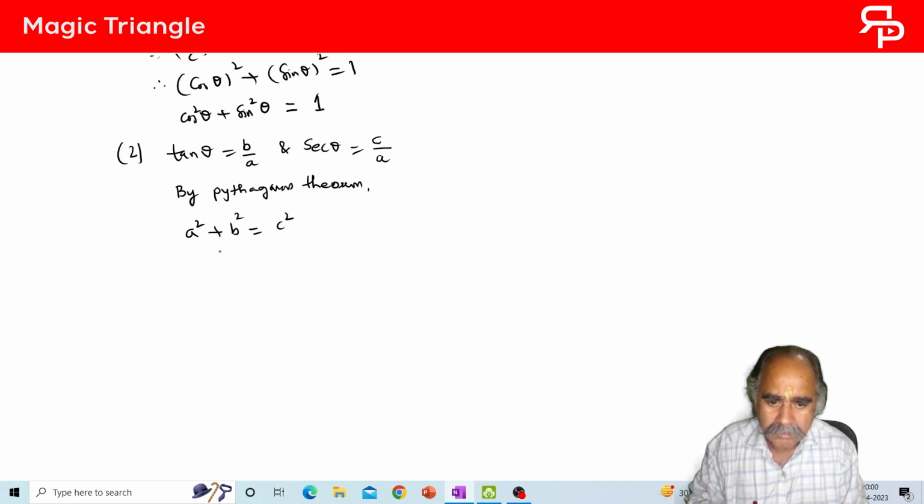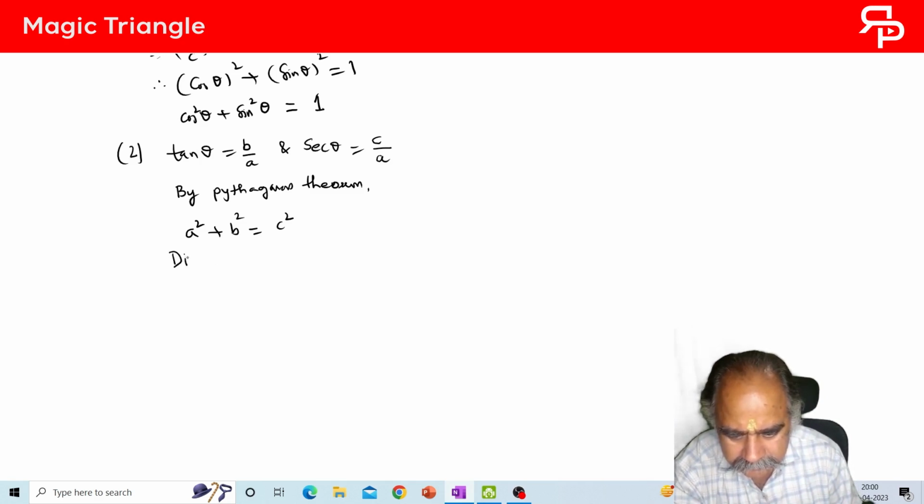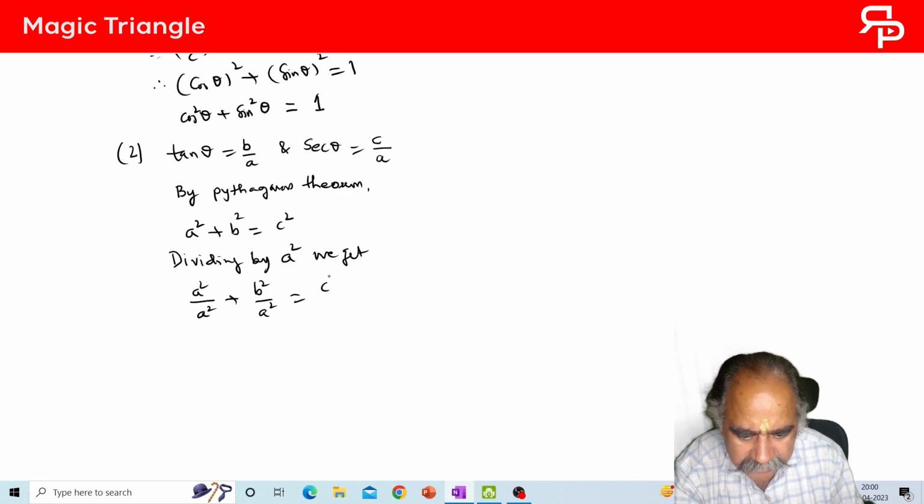Now dividing by A square, we get A square by A square plus B square by A square is equal to C square by A square.